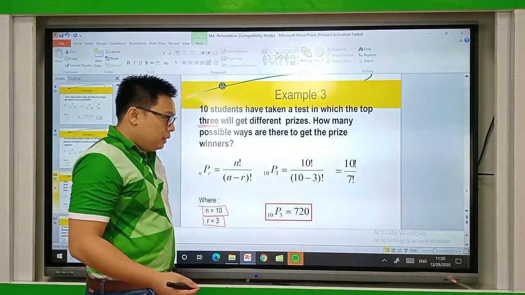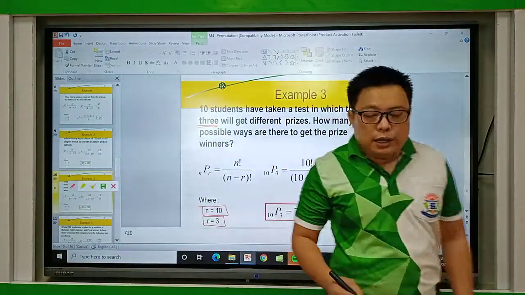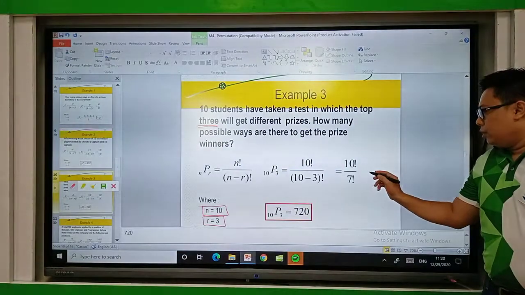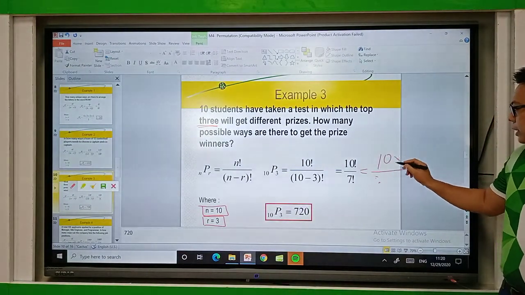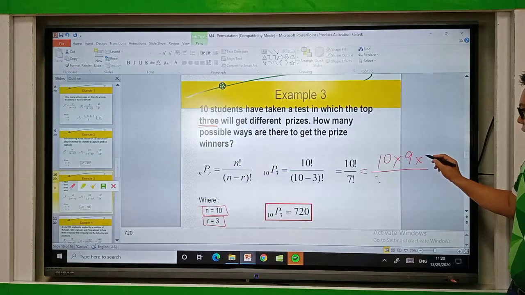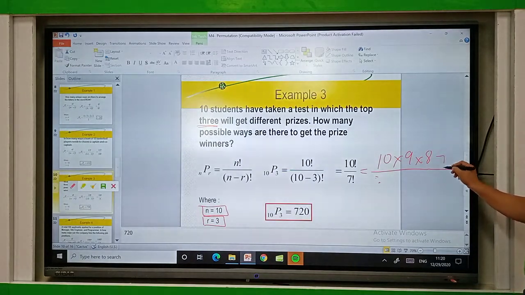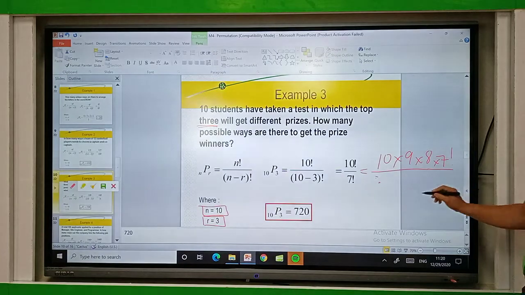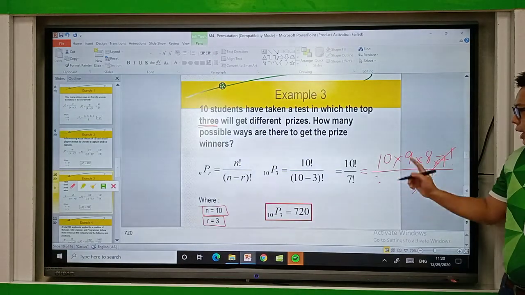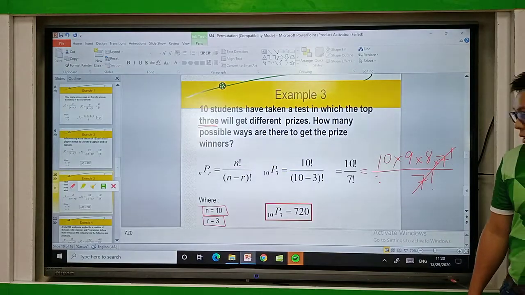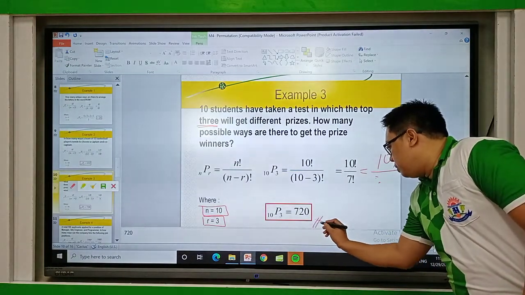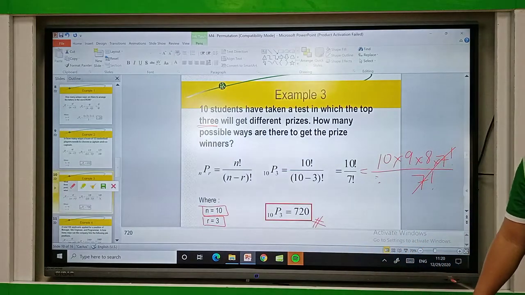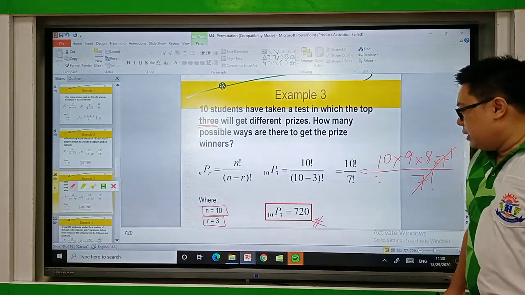Simplifying it further, we have 10 times 9 times 8 times 7 factorial over 7 factorial, cancel it out. So 10 times 9 times 8 gives us 720 possible arrangements, or possible permutations.